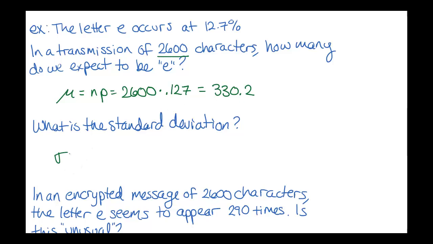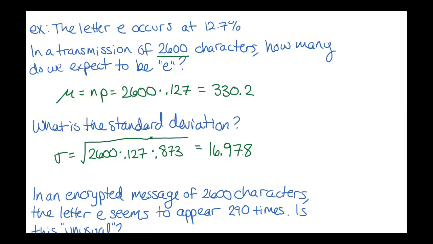Next, we'll compute our standard deviation as well, 2,600 times p times q. Our standard deviation comes out to just under 17. So this means that there's a pretty significant deviation from 330. On average, when you look at 2,600 characters, those are going to vary by about 17.